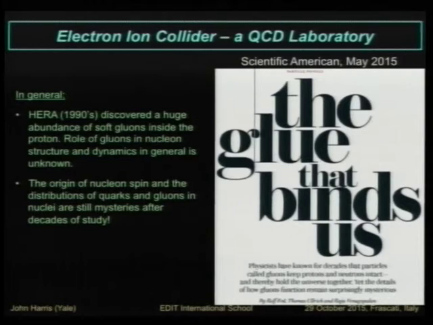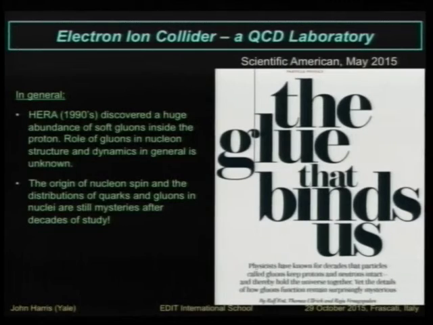So the last thing I want to mention is what's pushing the previous experiment, and that is that the US nuclear physics community just endorsed as the next machine to build for nuclear physics an electron-ion collider.